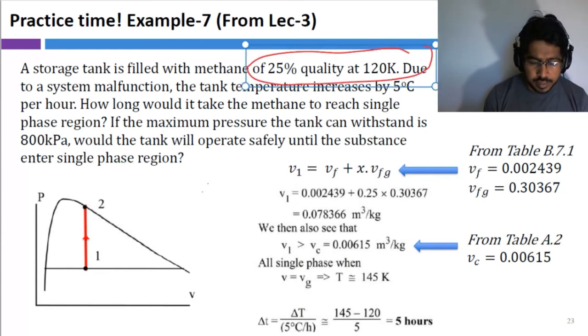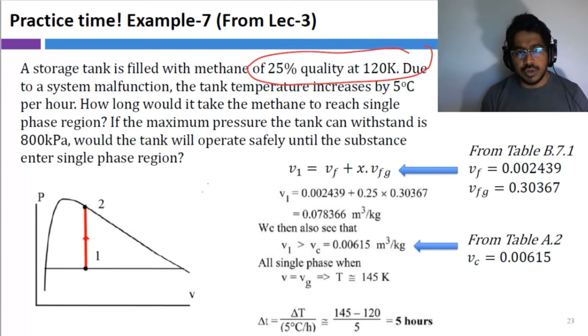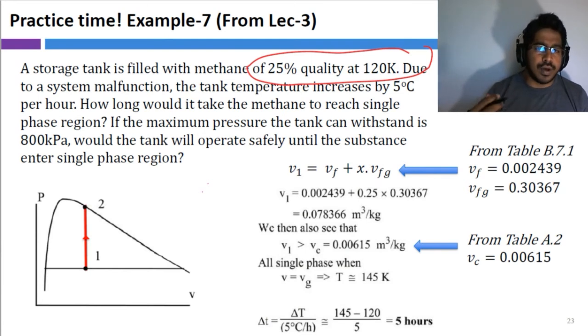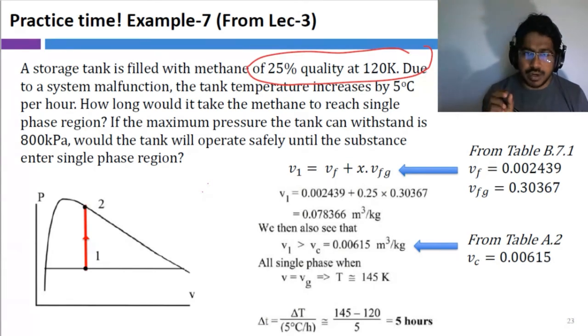This is where we were at the beginning, and now it says that due to a malfunction, the temperature started increasing 5 Celsius per hour. So it is the same as increasing the temperature by 5 Kelvin per hour, because the unit increment in Kelvin or Celsius is the same. Either way, it increases by 5 per hour.